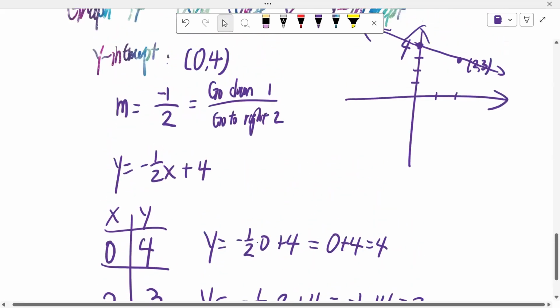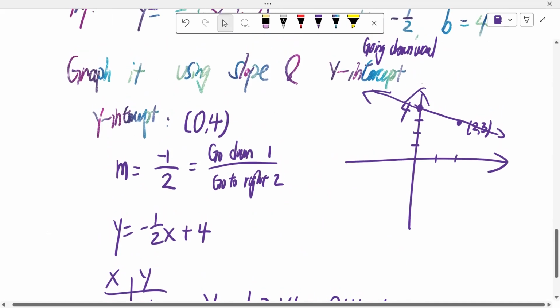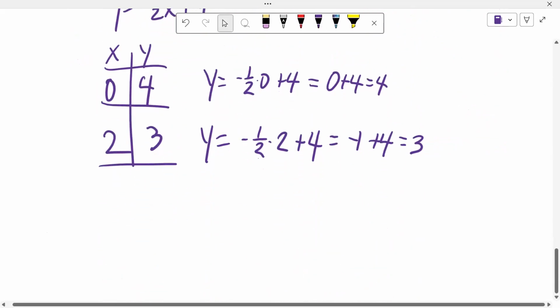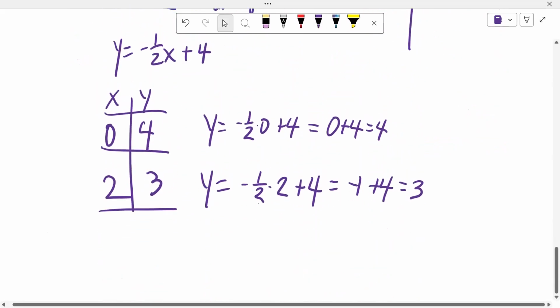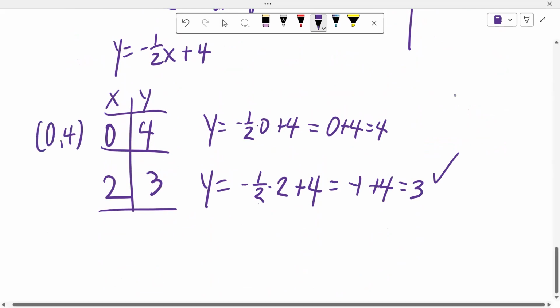You see, (0, 4) and (2, 3). So we created a point by using the slope, and we get this point. If we generate a point from scratch, we also get to that point. That proves using the slope and the y-intercept does work, and in this case, it works all the time.